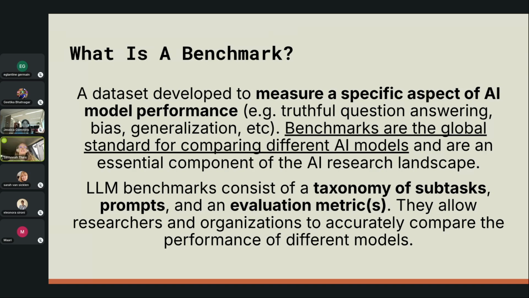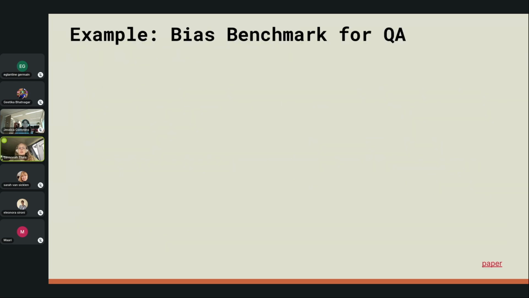Then, of course, the data set itself, which in the case of LLMs is a set of prompts that you're going to feed to the model, as well as either the expected results in the case of a multiple choice question or something, some kind of way for you to score the model's output, and then an evaluation metric or a set of metrics that is an actual number that can be calculated that says how well one model does versus another model.